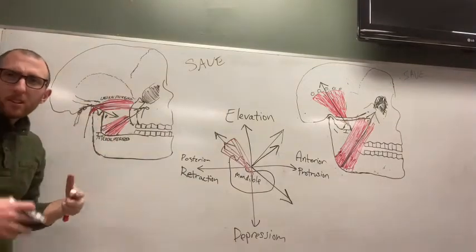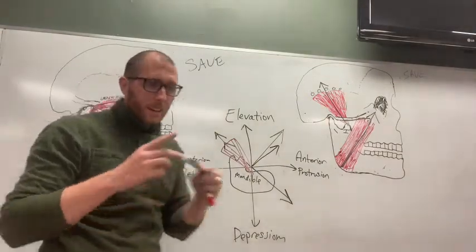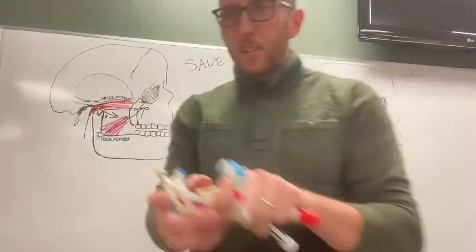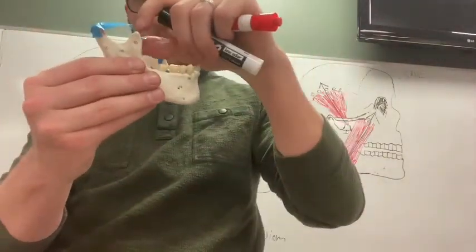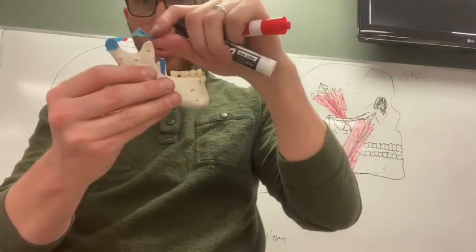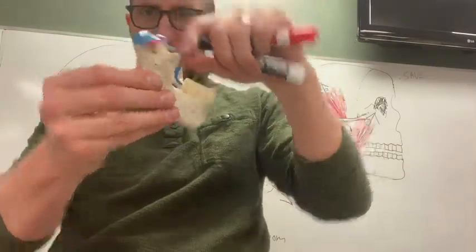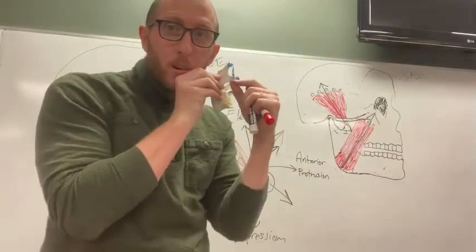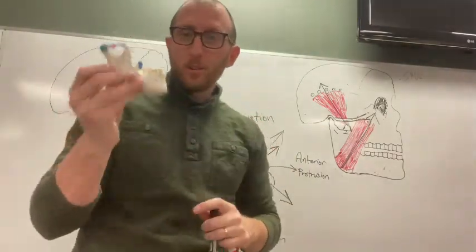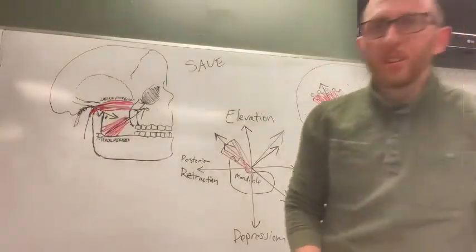But the depression one is the tough one. But again, look at this right here. And when you see this and you pull, I would pull and it would rotate it downward into depression. So pull it down into depression for the lateral pterygoid.